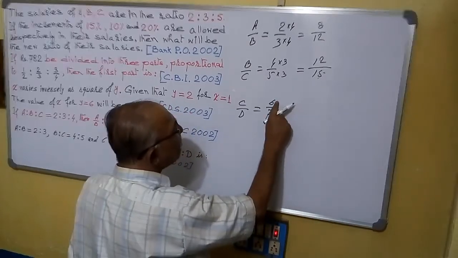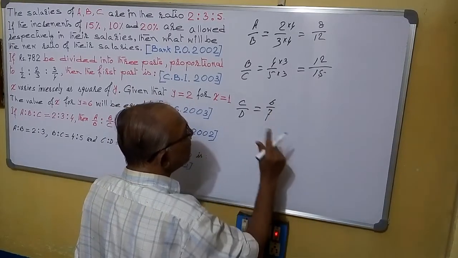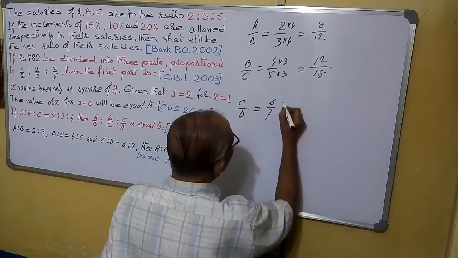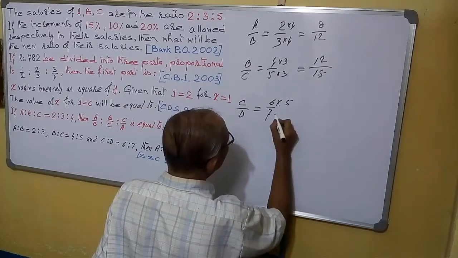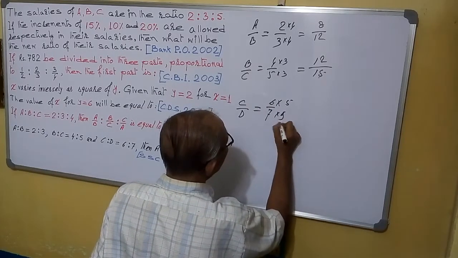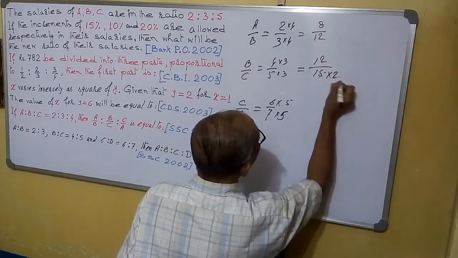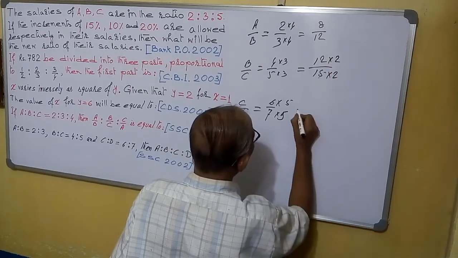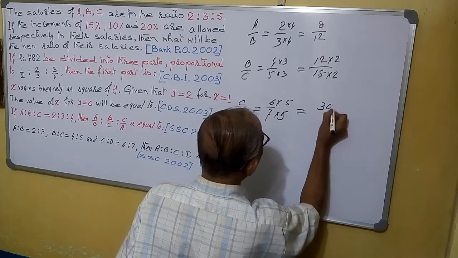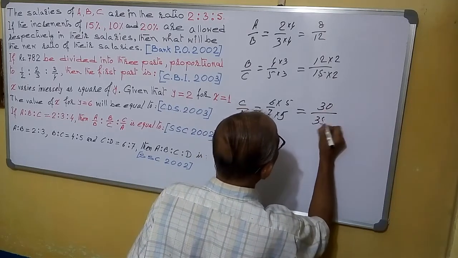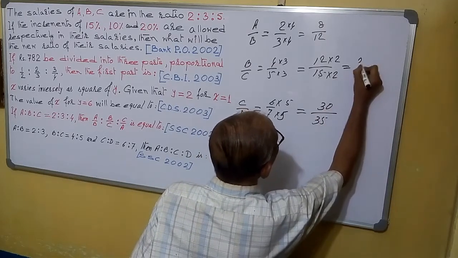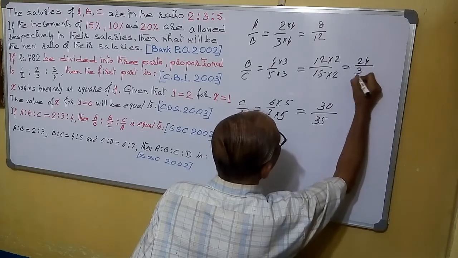So the LCM of 15 and 6 is 30. So we will multiply this one by 2 and this one by 5. So what we are getting? 30 by 35. Here we are getting 24 by 30.